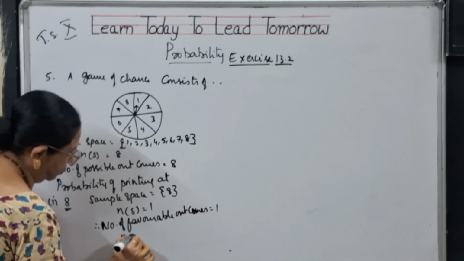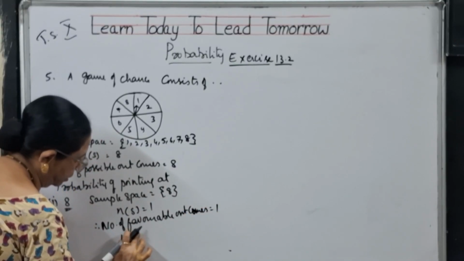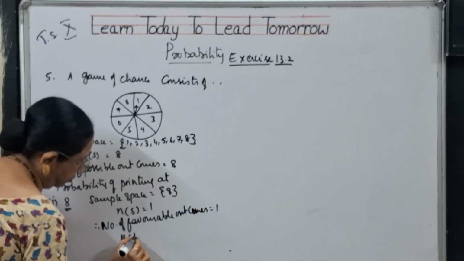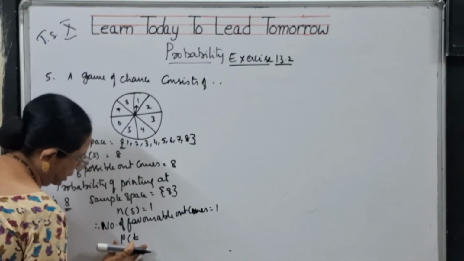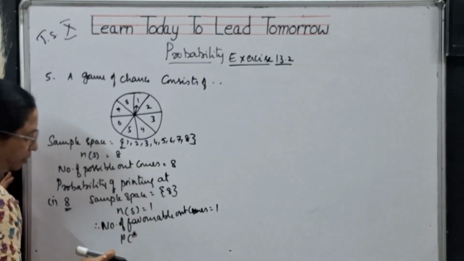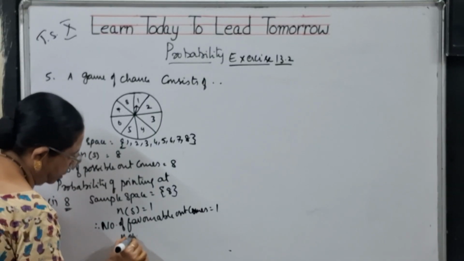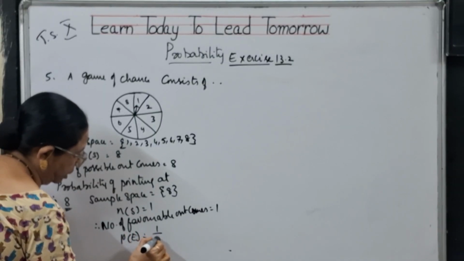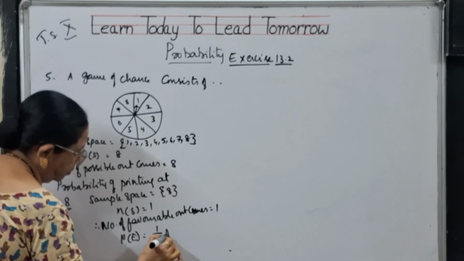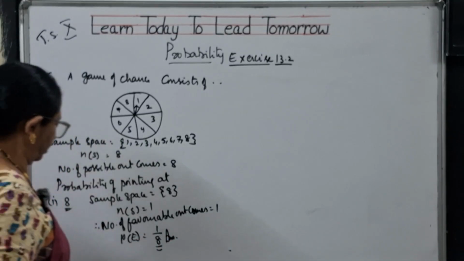So the probability of this event, getting 8, P of E is equal to 1 by 8. This is the answer for the first bit.